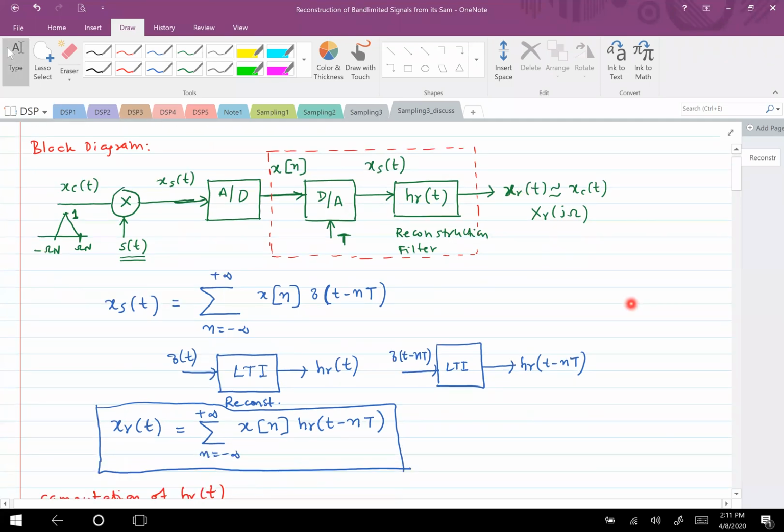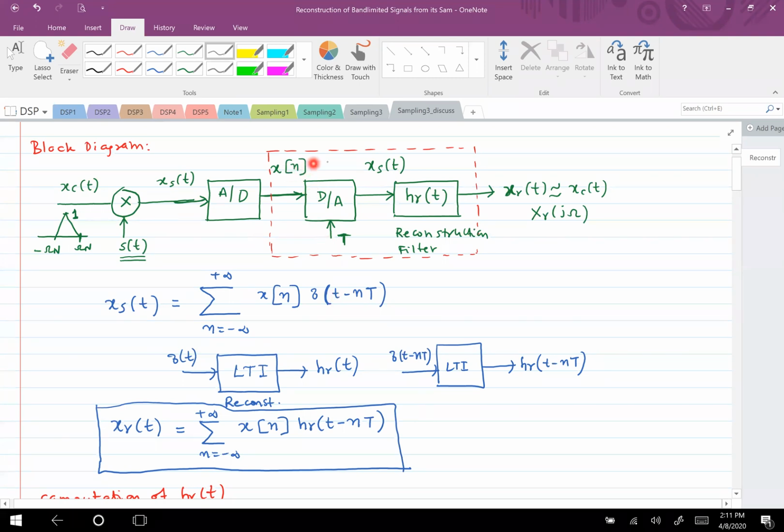We know the relation between xs of t and x of n, from the last class itself. Given x of n, how do you get xs of t? All you need to do is place the samples at distances increased by a factor of T. Whichever is at n equal to 0, you keep at 0 itself.